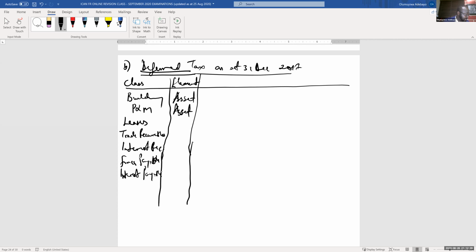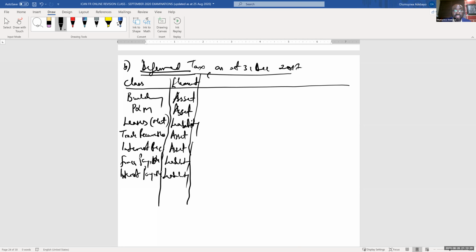If you check your balance sheet, the asset under finance lease was 200 carrying amount, while the lease obligation is 260, which means if you net it up, it is net of a liability, 60. Okay, trade receivable is an asset. Interest receivable is an asset. Fines payable is a liability. And interest payable is a liability.